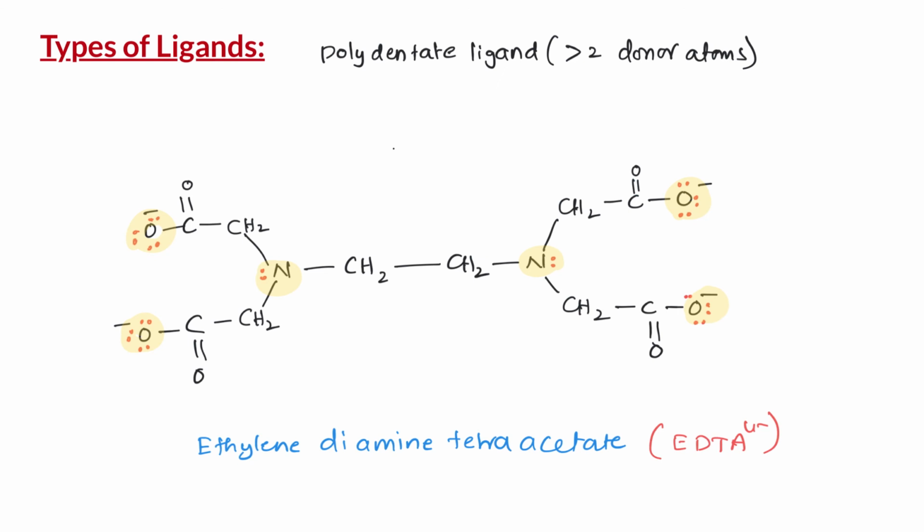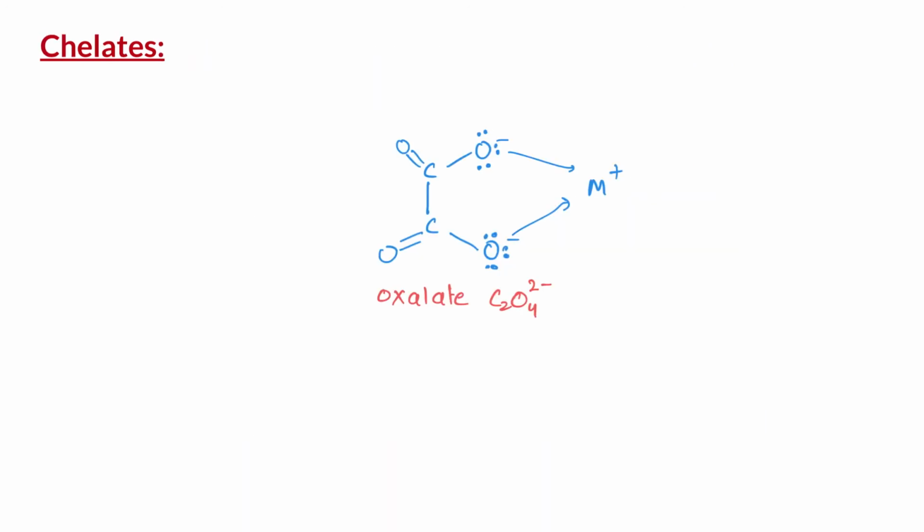Next, let us look at an example of a polydentate ligand. Ethylene diamine tetraacetate is an important hexadentate ion. That means it has 6 donor atoms, each of which can donate an electron pair to the central metal ion. Bidentate and polydentate ligands give rise to rings in the complex ion structure.